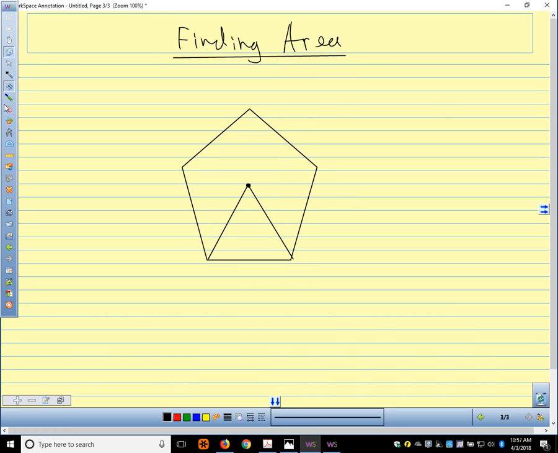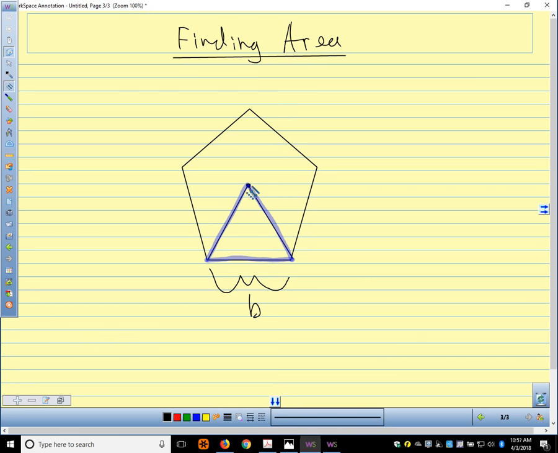And what I'm going to do is look at this triangle. And we're going to find the area of that triangle. I'm going to call this side B, for the base of the triangle.